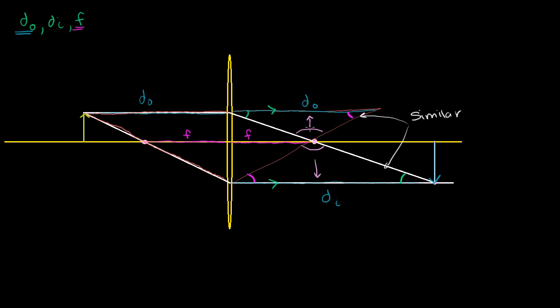So the ratio of D naught to D1, let me write this a little bit neater, the ratio of corresponding sides, is going to be the same thing as the ratio of this side right over here, which I'll call A. It's opposite this magenta angle right over here.